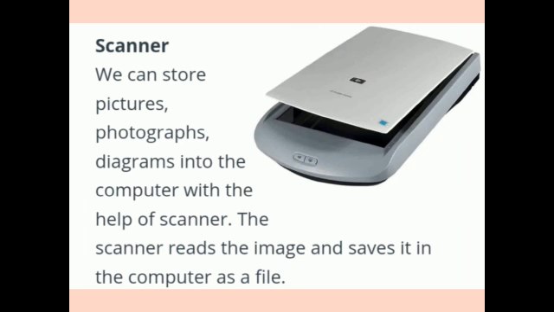Next is scanner. We can store pictures, photographs, diagrams into the computer with the help of a scanner. The scanner reads the image and saves it in the computer as a file. To scan any pictures, photographs, diagrams, or any type of document, we use a scanner.